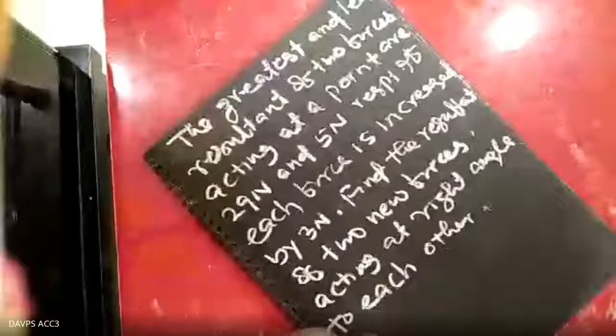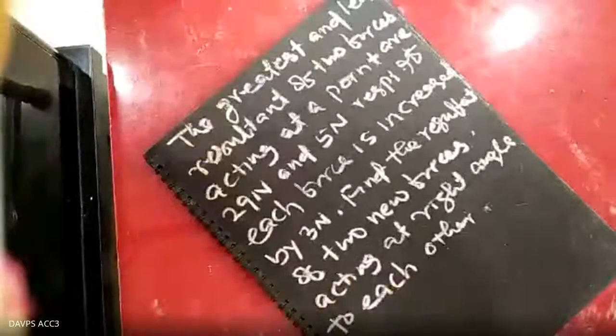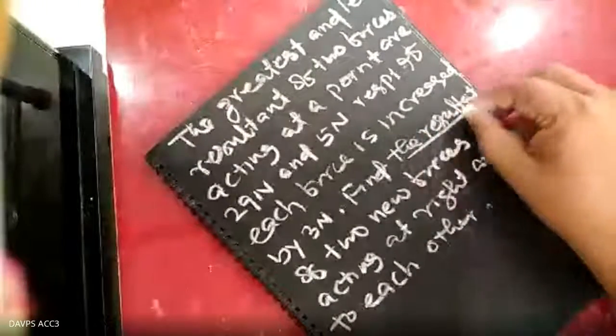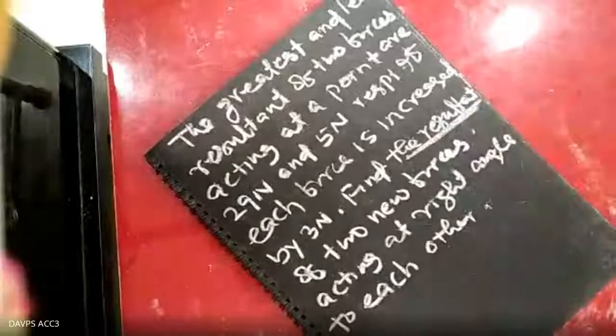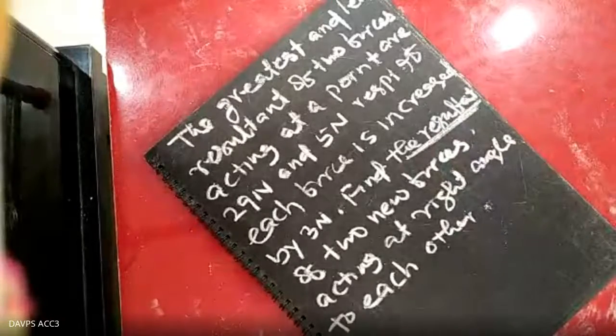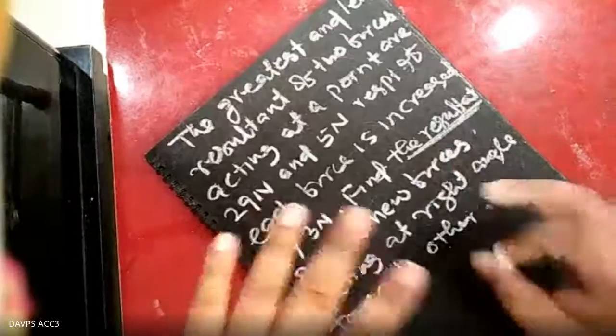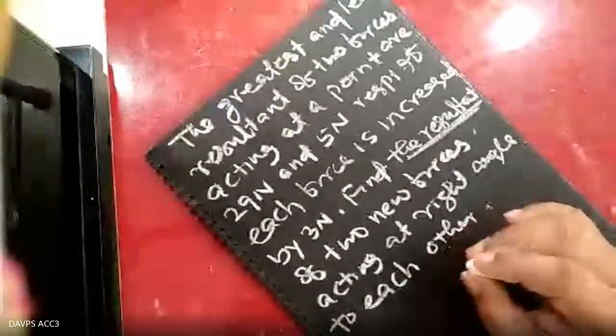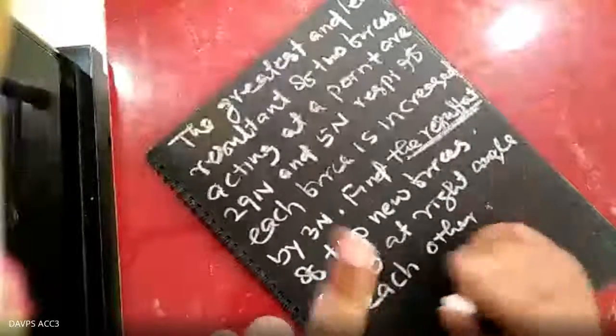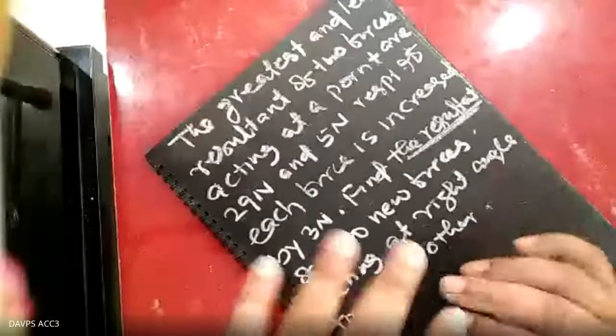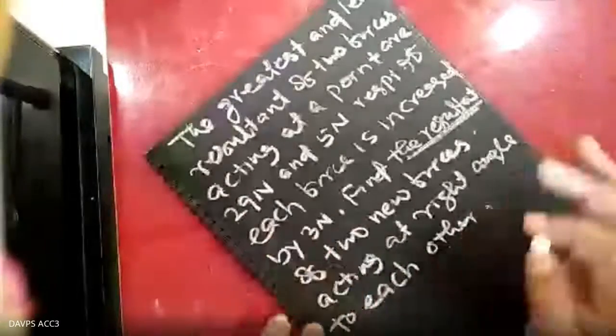First step: the question is asking to find the resultant. Be careful. That means the resultant is a vector quantity, and it must be represented by magnitude and direction. The question is not asking to find only the magnitude of the resultant.